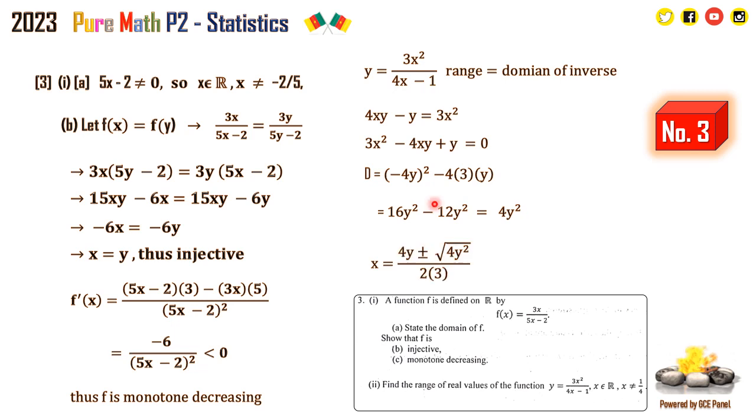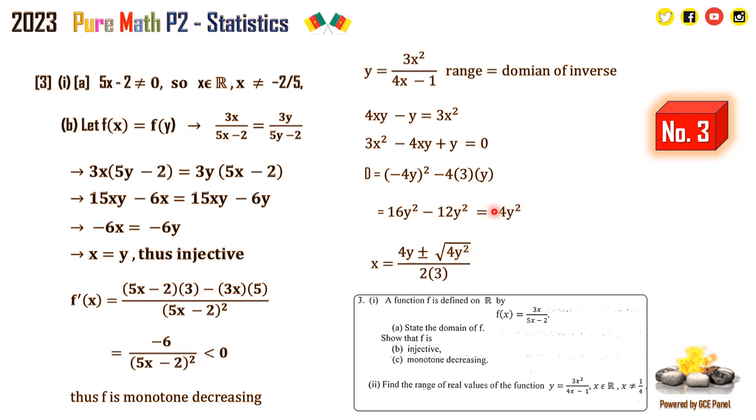Therefore, our x will be equal to negative b. Our b here is negative 4y, so negative b will be negative 4y, which is just plus 4y, plus or minus the square root of the discriminant which you have just looked for.